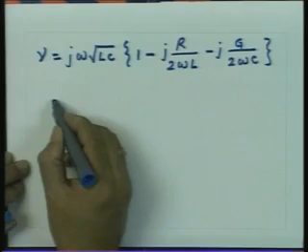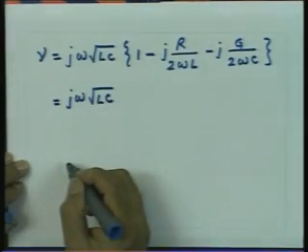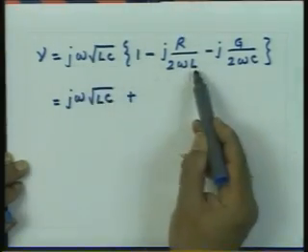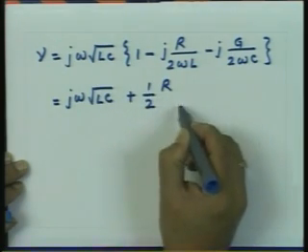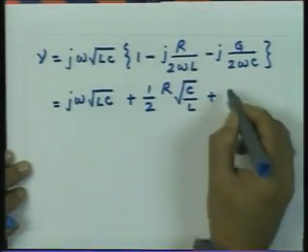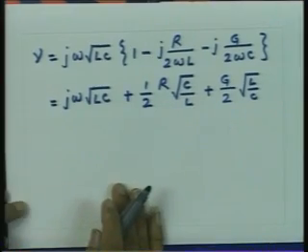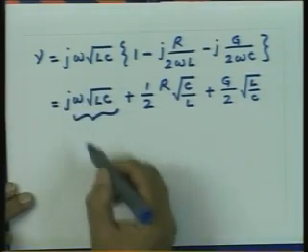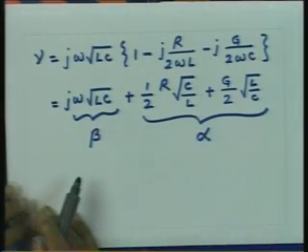Taking this inside, this can be written as j omega square root L C plus, when you take it inside, omega will cancel with this, square root L will cancel with this, so this will be equal to 1 upon 2 R square root C by L plus G upon 2 square root L by C. So, this quantity here, which is the imaginary part of the propagation constant, represents beta, and this quantity here represents the attenuation constant alpha.